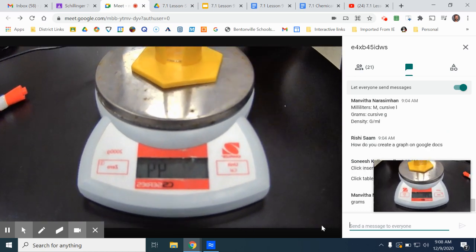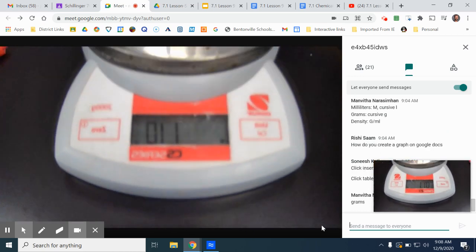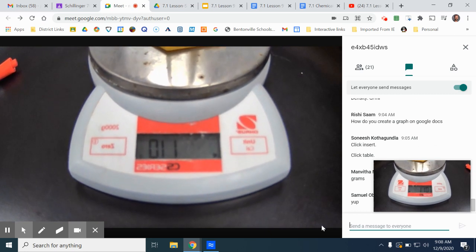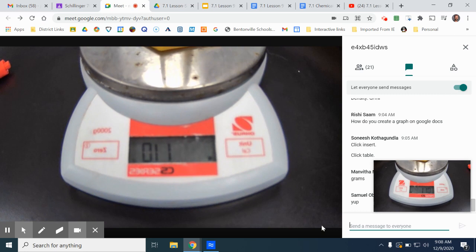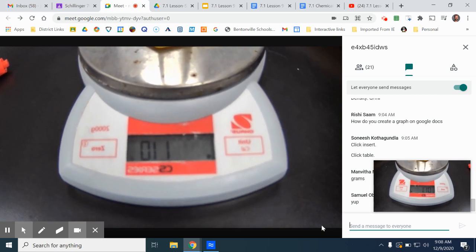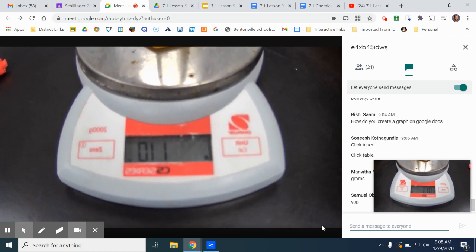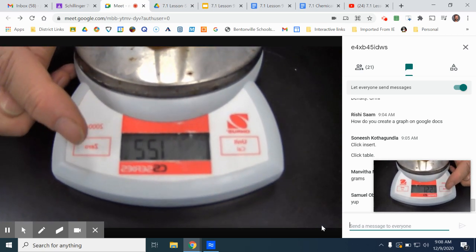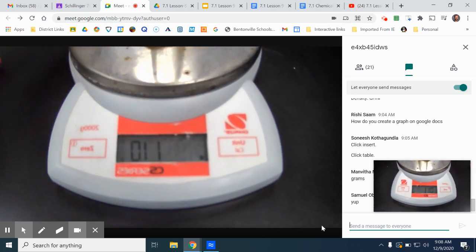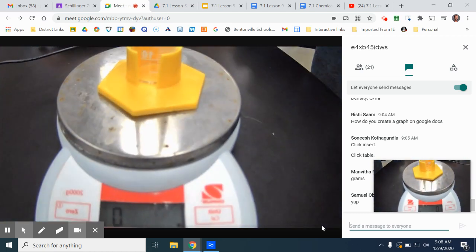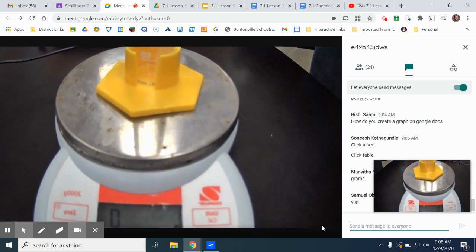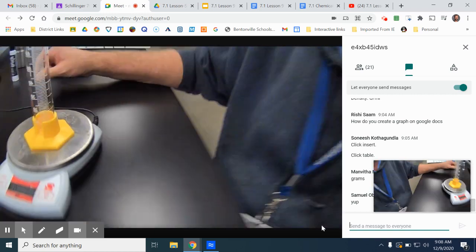I'm going to put my graduated cylinder on here, and you can see the graduated cylinder weighs 110 grams. But I don't want to measure my graduated cylinder. So I'm going to hit this button right here that's called 0. I'm going to press it, and even though the graduated cylinder is still on the scale, my scale now reads 0.